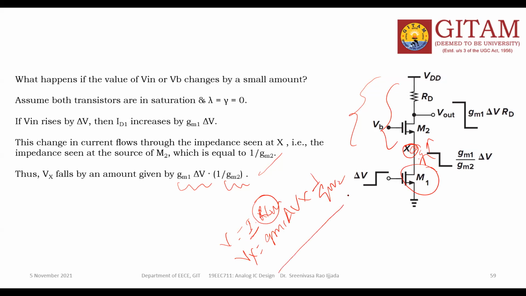This is the amount of voltage change that takes place at the node X because of the incremental change at the gate of the M1 device.